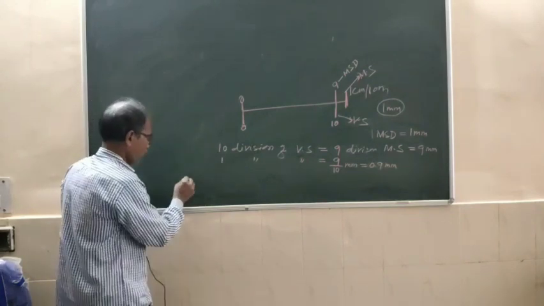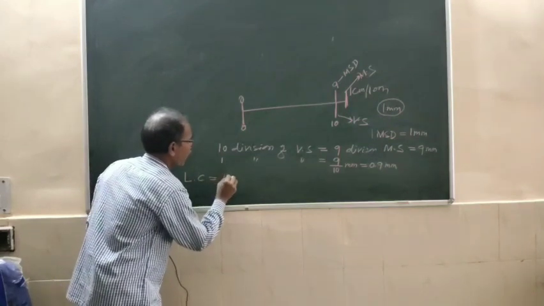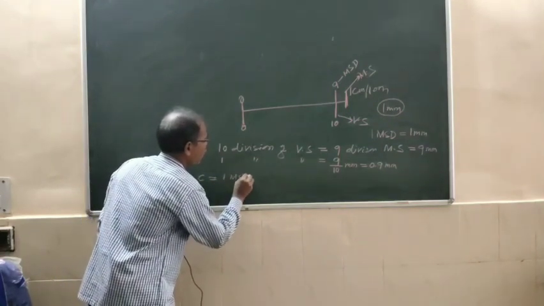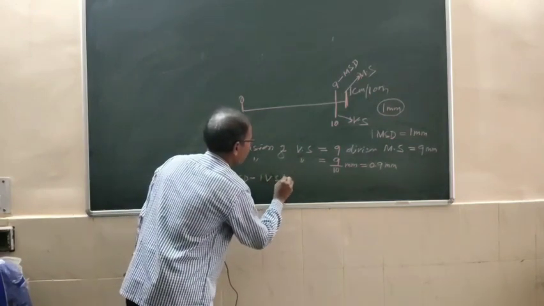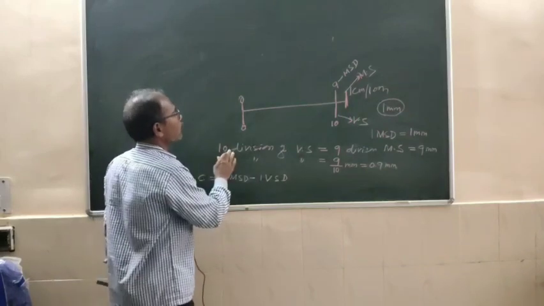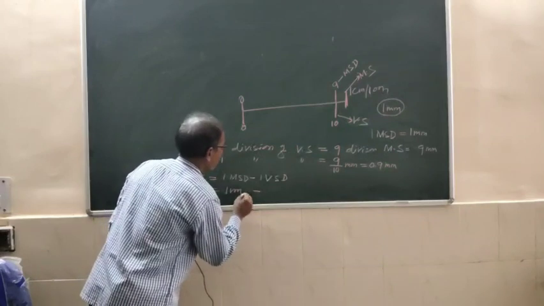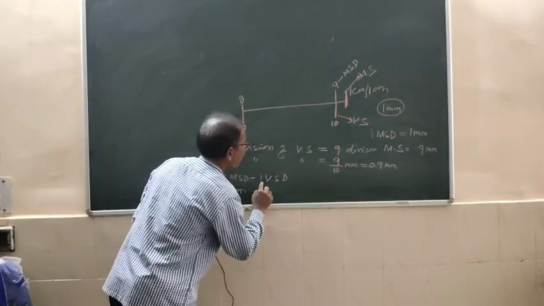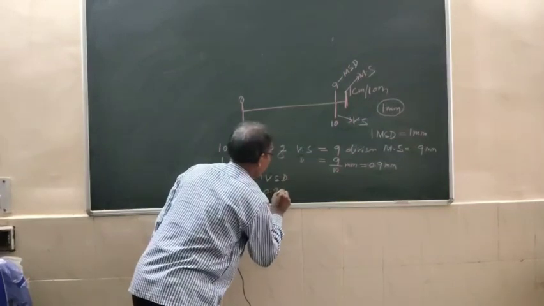Now, least count is equal to 1 MSD minus 1 VSD. 1 MSD is equal to 1 mm, minus 1 VSD is equal to 0.9 mm.